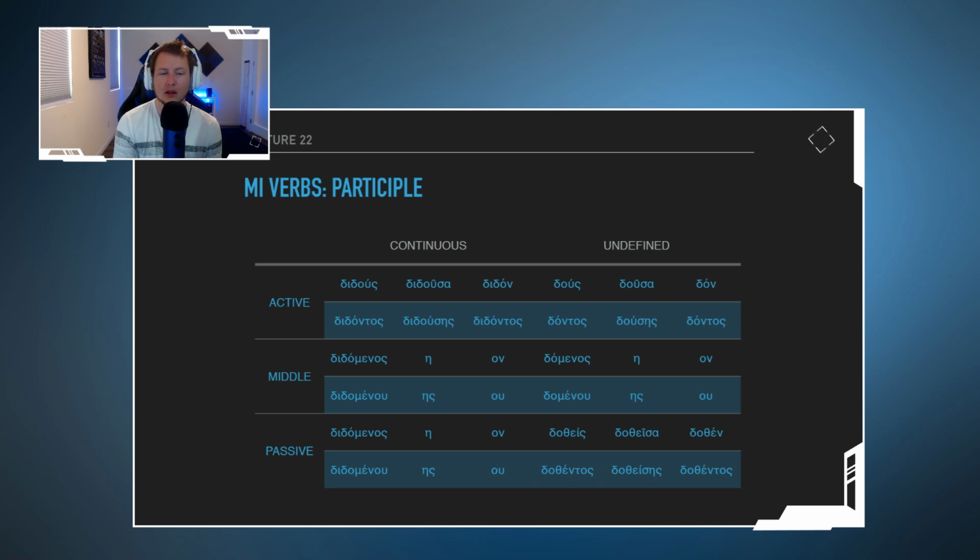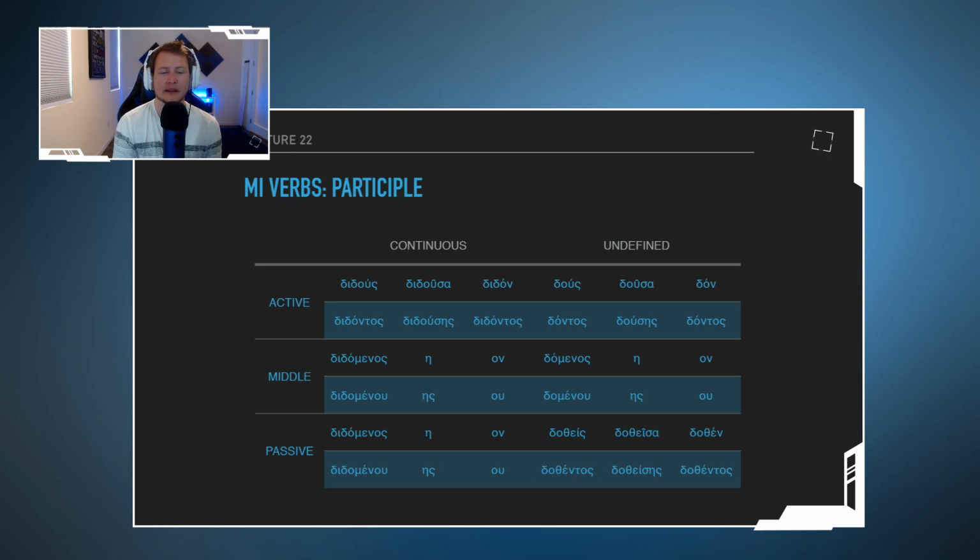Okay, so what that means, if you remember, is it follows the nt stem: didont, os. So sia, es, son, sina. So the genitive is omicron, sigma. Okay, so that's the active. The middle, men in the middle, all you need to be aware of is the sigma in the masculine, eta in the feminine, and ni in the neuter.